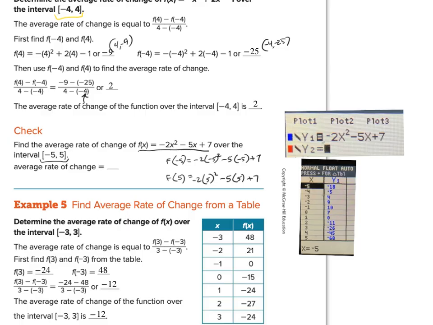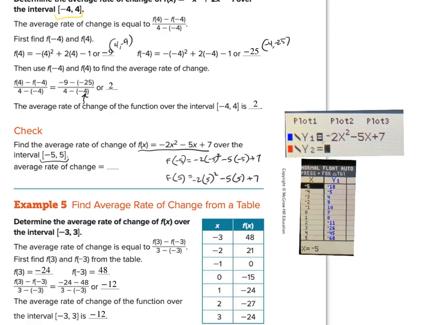If I use the calculator and I put into my y equals f of x, f of x equals negative 2x squared minus 5x plus 7, and then I look at my table data, my table data will tell me when I plug in negative 5, I get a negative 18 out. When I plug in a 5, I get a negative 68 out. So there are my x and y coordinates.